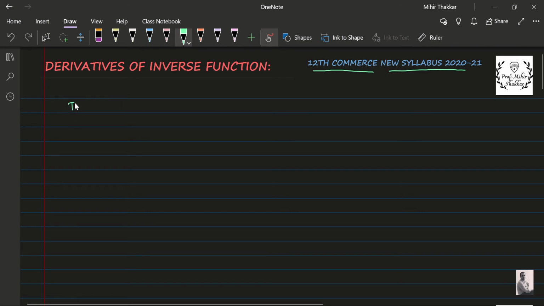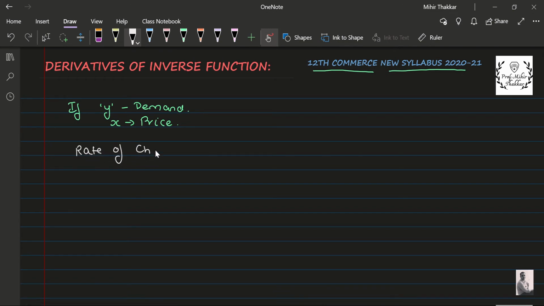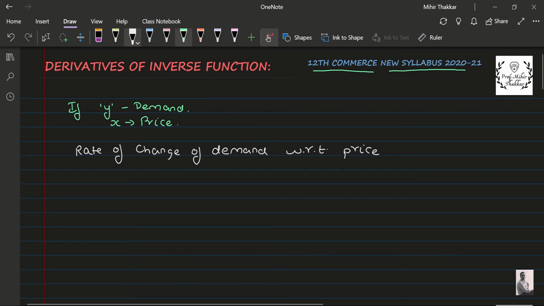If I say y is demand and x is the price of the item, and if I want to find out the rate of change of demand with respect to price, then I have to find out the rate of change of y with respect to x.